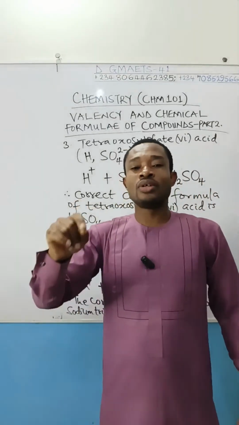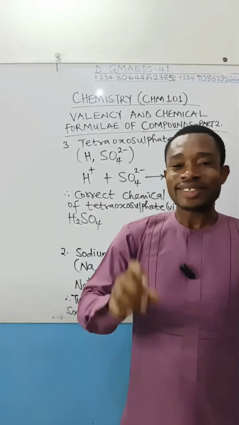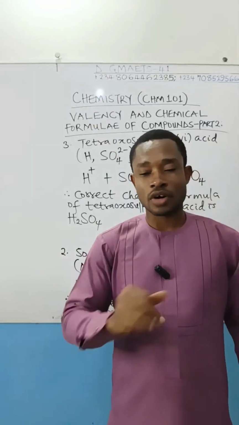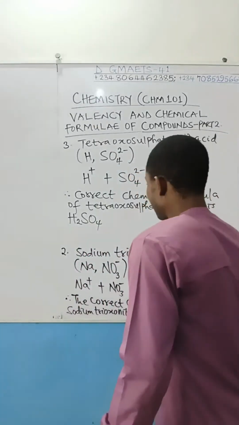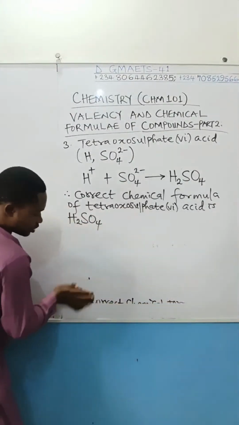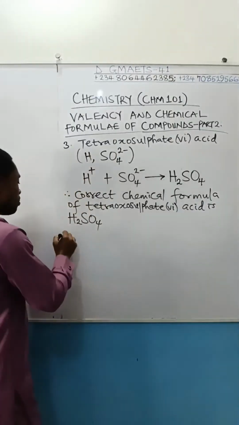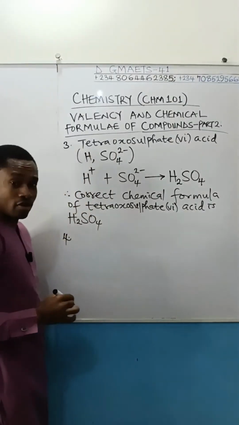We're going to look at the correct chemical formula of ammonium tetraoxosulphate 6. Why this? Ammonium tetraoxosulphate 6. Like I said, this topic, don't joke with it, please. Make sure you understand it very well.